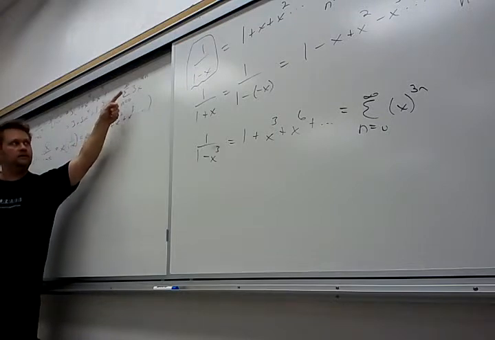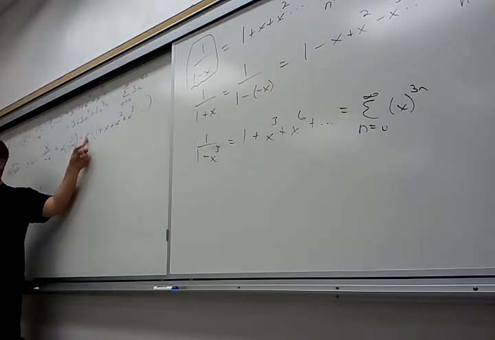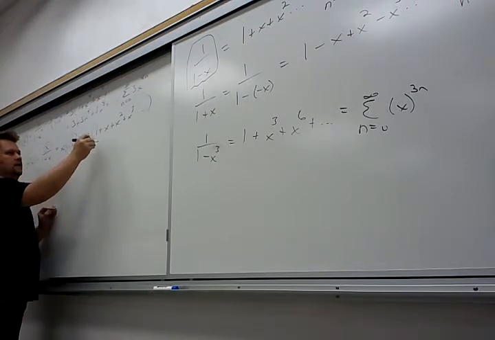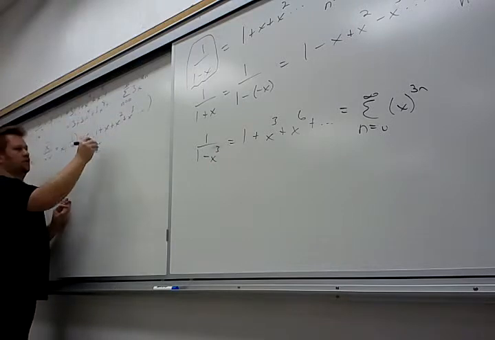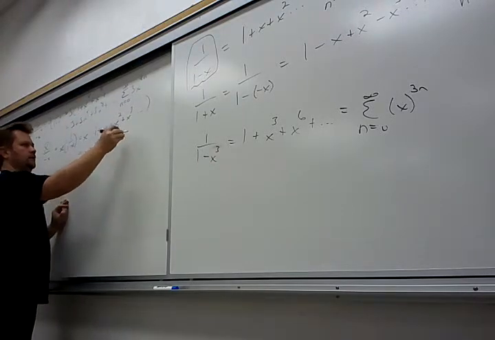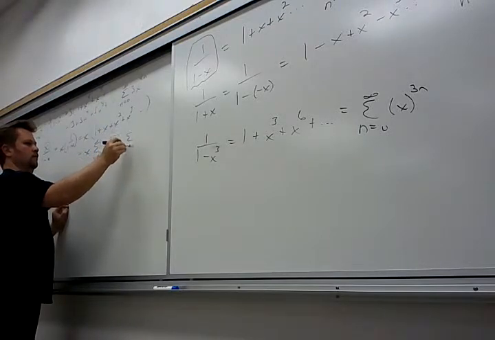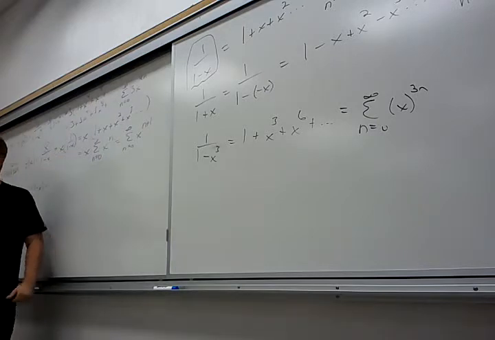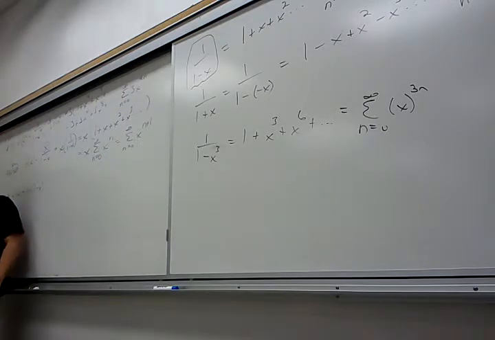But according to the series itself, x is a constant. So I can bring it in. So then I get the sum from n equals 0 to infinity of x to the n plus 1. Bring the x in, right?